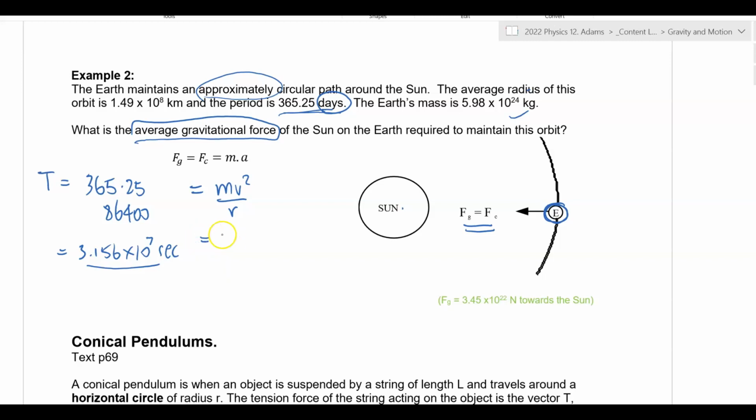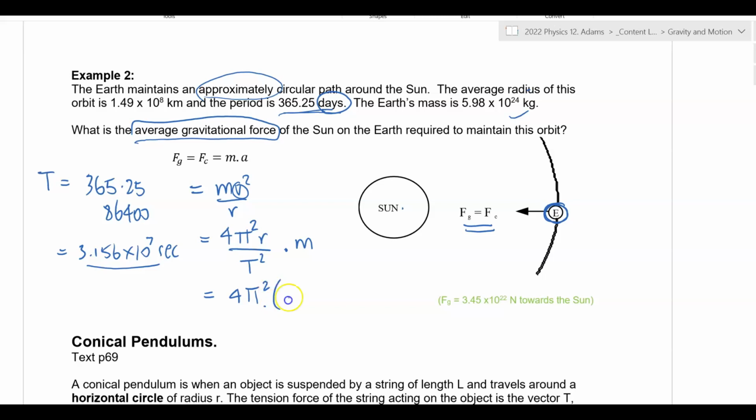So what we'll do is substitute 2 pi r on t for velocity, and that becomes 4 pi squared r on t squared, and don't forget to multiply it by the mass, because there's m, there's v squared on r. Okay, so now it's just crunching numbers.